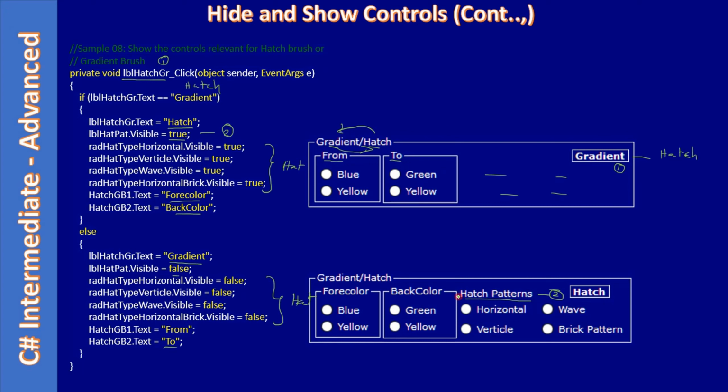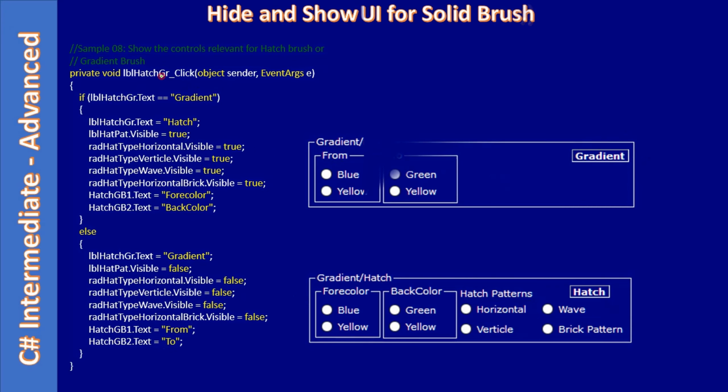And if it is not hatch brush, we will hide this one. We will hide this label and all the controls related to the hatch brush. That's what we are doing here. And this takes place on the click event of this specific control, and the control name is LBL hatch GR, hatch gradient. All right.